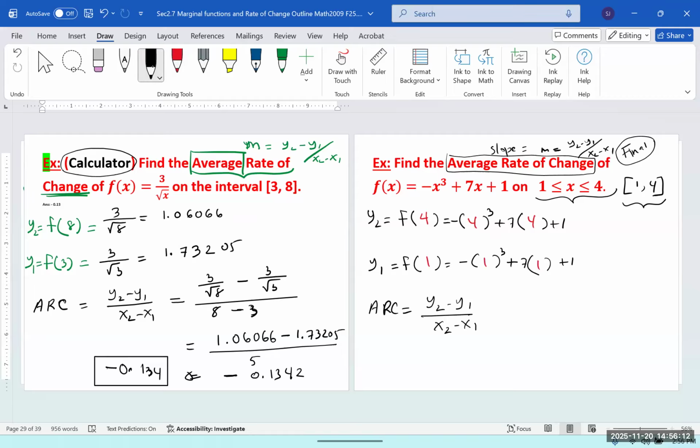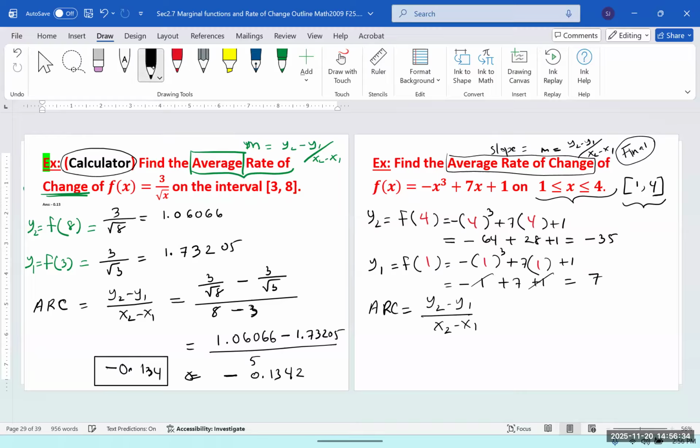So what do you get from 4? And how much is that? And then this one, -1 plus 7 plus 1.